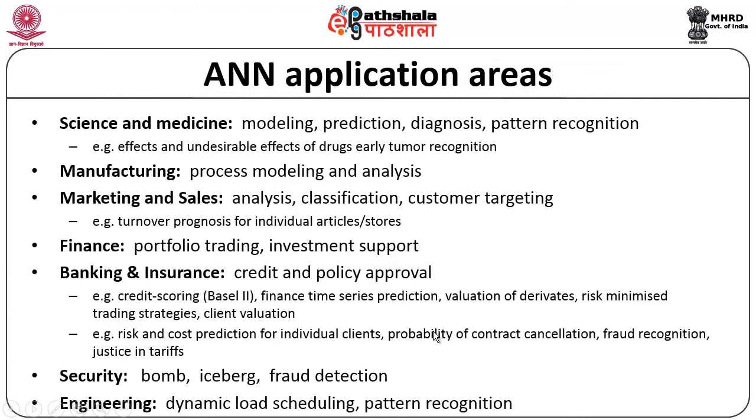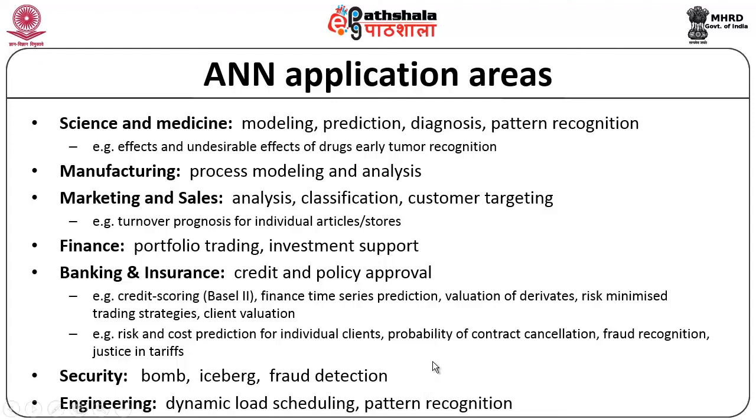What are the various domains in which artificial neural networks are used? Science and medicine. In the science and medicine domain, neural networks are widely used for modeling, prediction, diagnosis, pattern recognition, etc. For example, the effects and undesirable effects of drugs, and the recognition of early stages of tumors, are done using neural network based approaches.